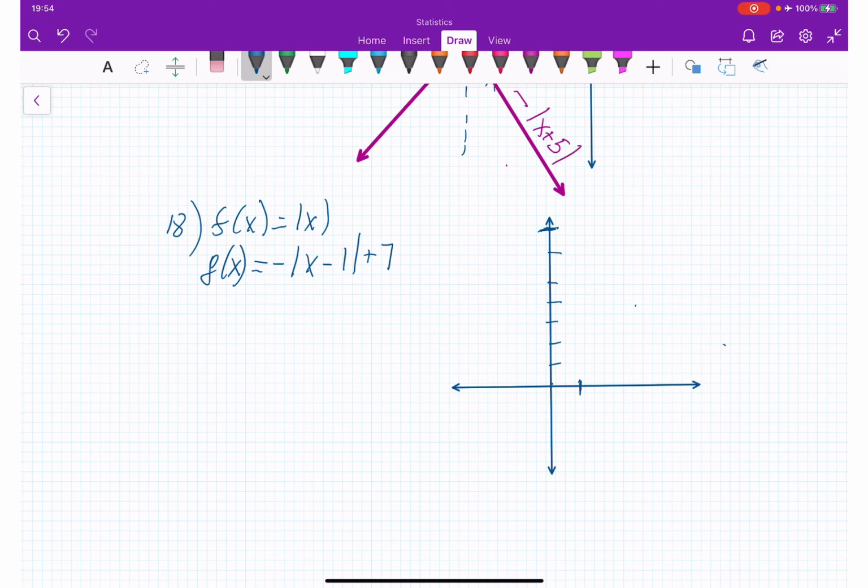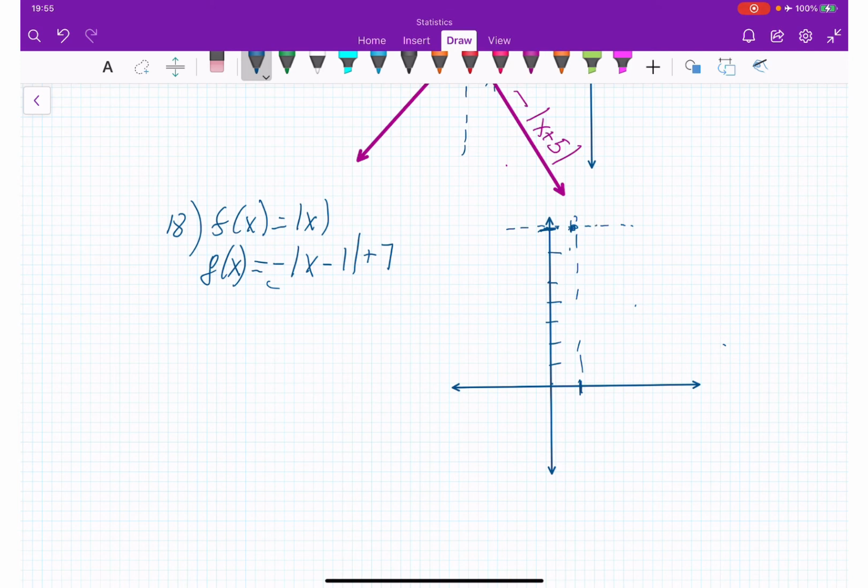Okay, so I'm providing this line. So this is going to be my new vertex, and because it's negative, it's going to flip down.